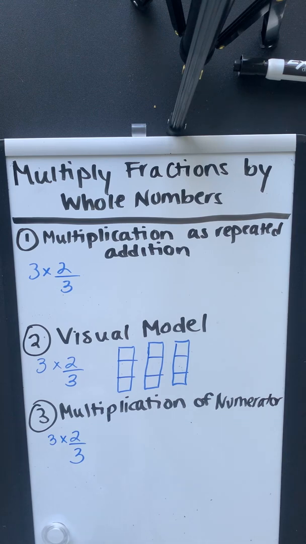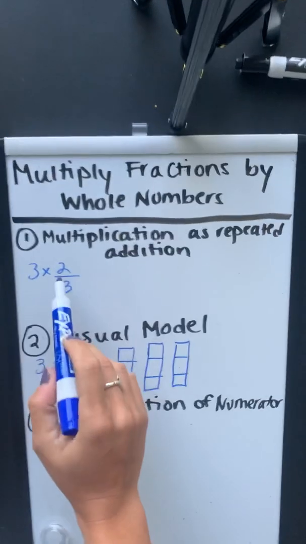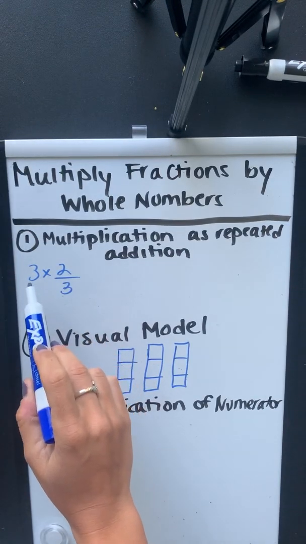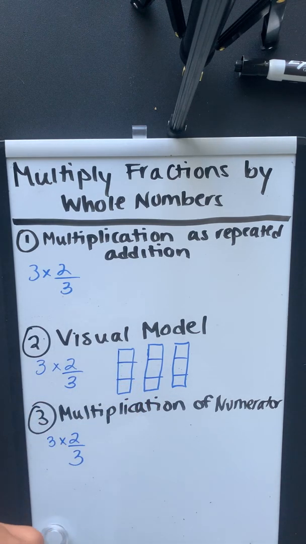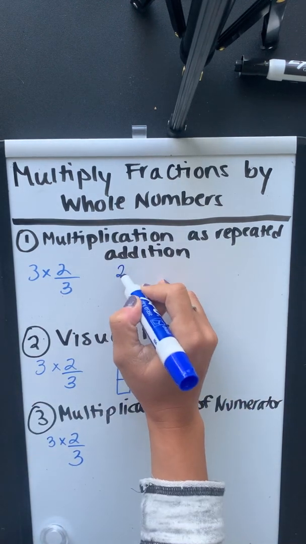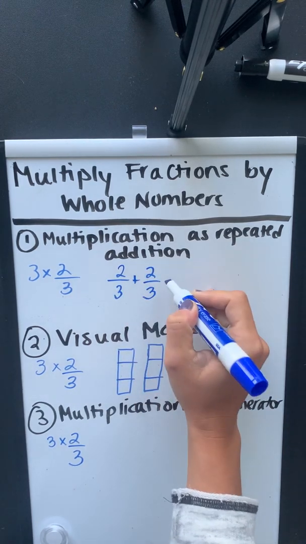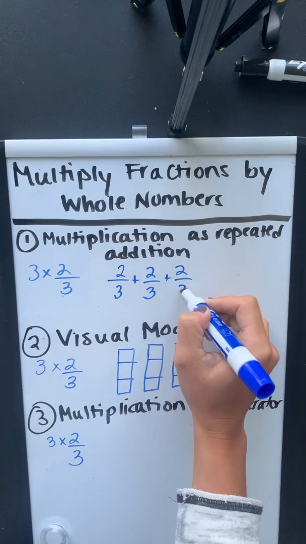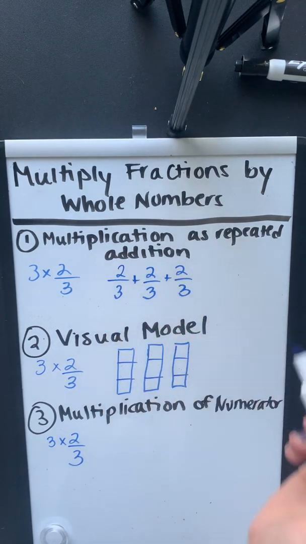So my first way is multiplication as repeated addition. So this has to do with our previous lesson with unit fractions, when we added up unit fractions. But in this case we're saying I know that I have 3 groups of 2/3. That's basically what this is saying. So that means that I have 2/3 plus 2/3 plus 2/3, because I have 3 sets here of 2/3.